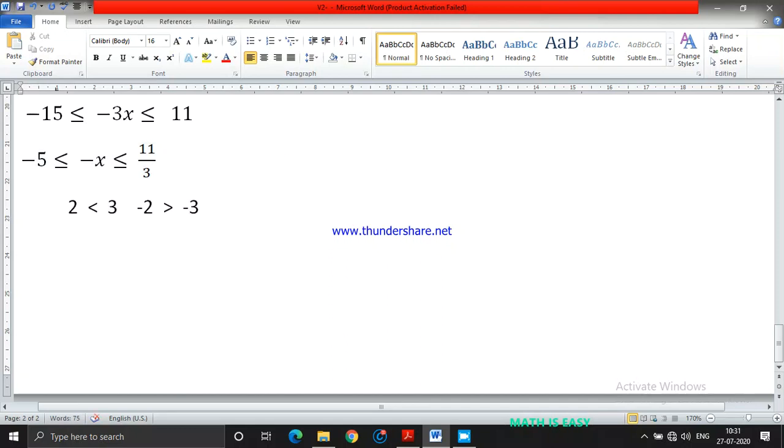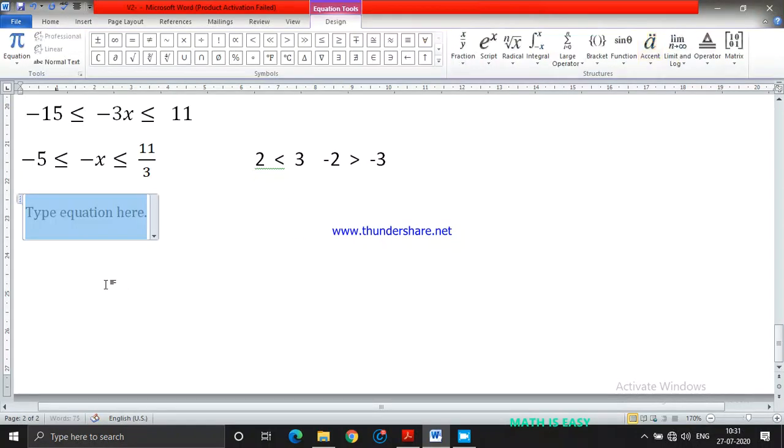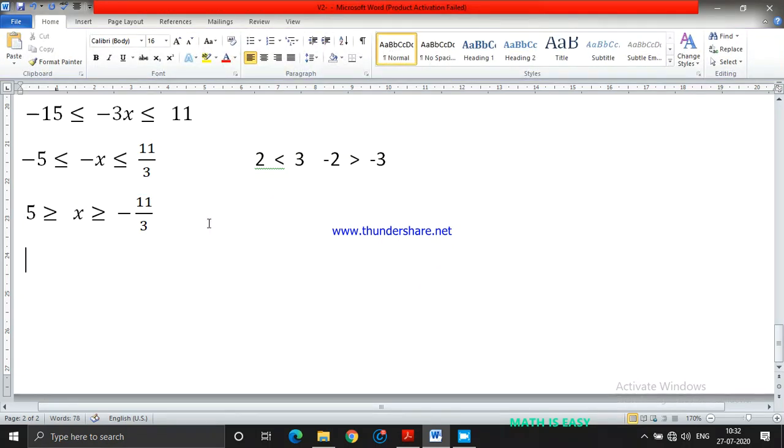Okay, so here what you get is, so let me put the equation. So if I multiply with minus everywhere, then you have 5 is greater than or equals to x is greater than or equals to minus 11 upon 3. Okay, so generally we write, if you want that way, a smallest number in front.